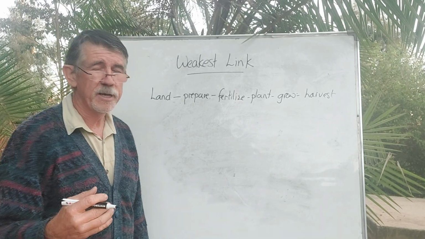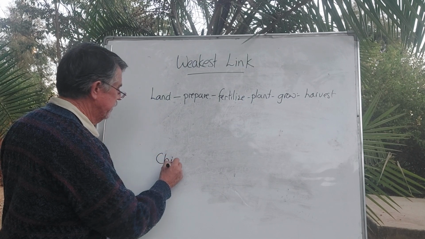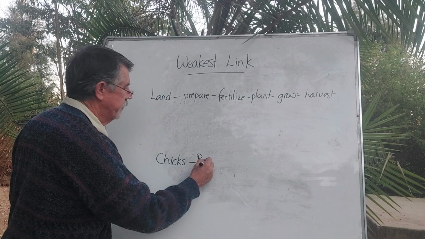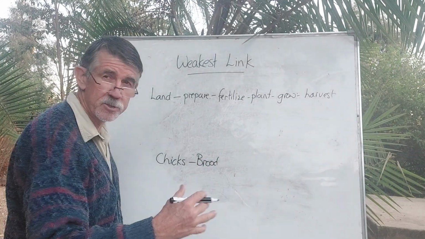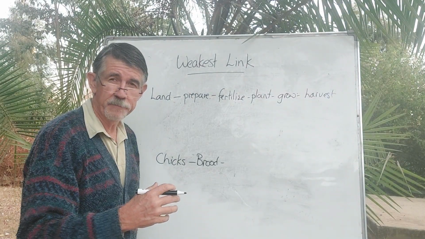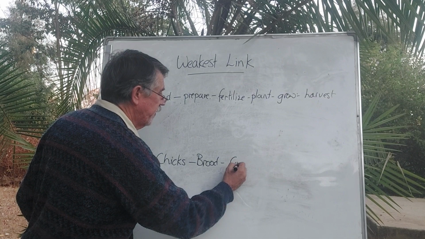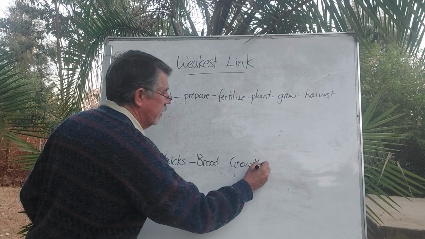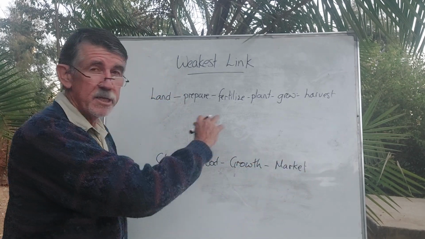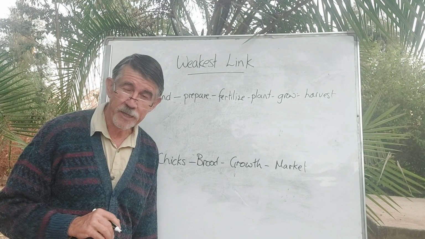For livestock, for example, if it's broilers, it could be chicks, day-old chicks, brood them for 1-2 weeks to get them up into a stage where they can live without lighting and heat and so on. The growth phase, and then the market. Okay, so these are the sequences that our enterprises will occur in.